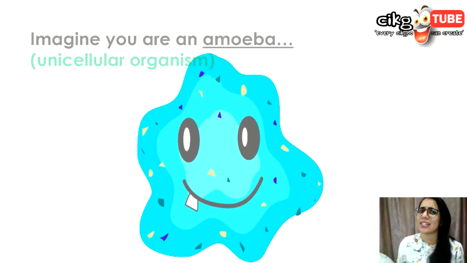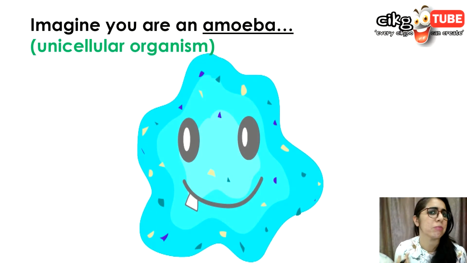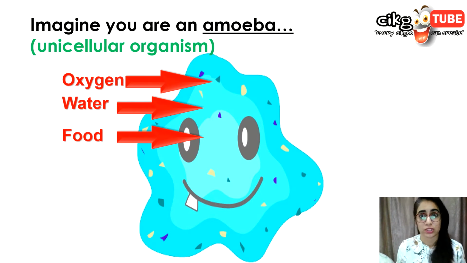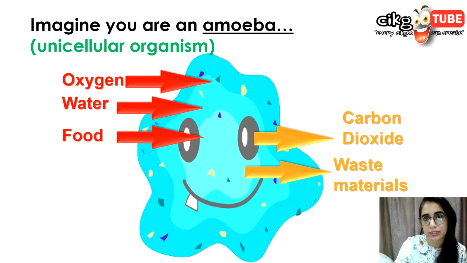Now let's imagine that we are an amoeba. What do you need in order to live? You are the amoeba. So an amoeba definitely needs oxygen, water and food, right? But it also excretes carbon dioxide and waste materials.